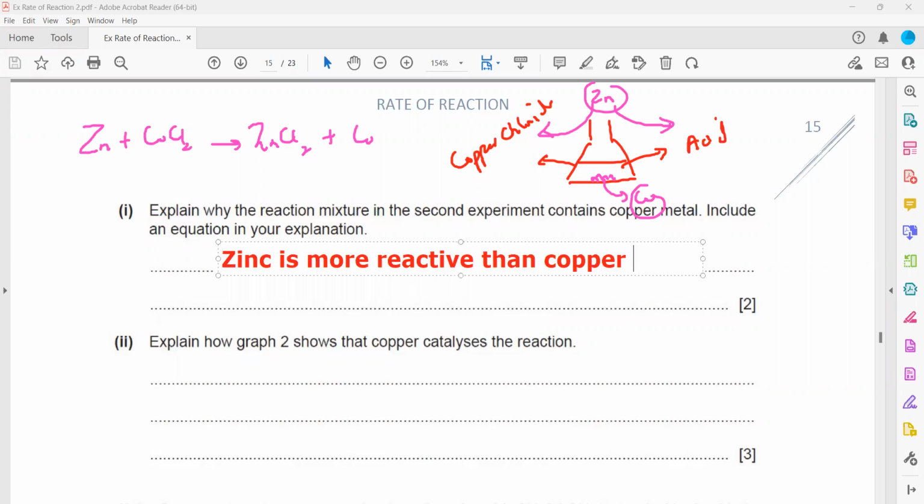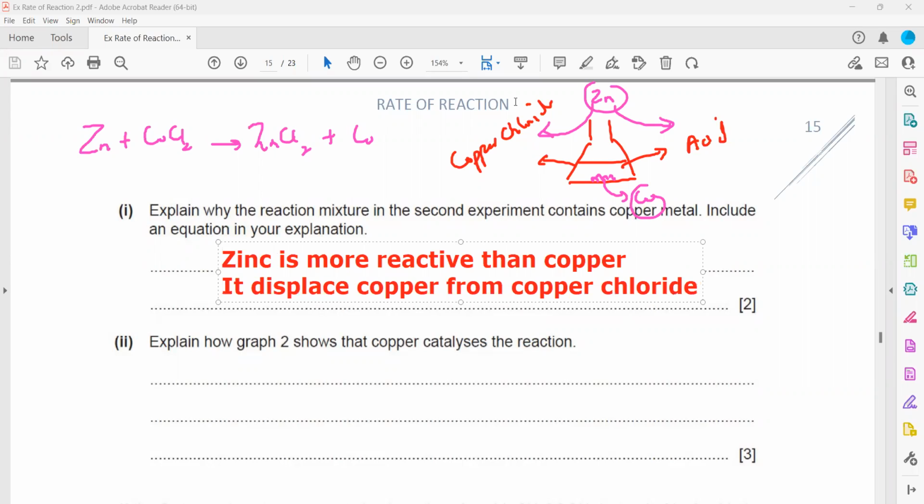So it displaces the copper from copper chloride, or copper(II) chloride. And what is the equation for that? The equation is zinc plus copper chloride gives zinc chloride plus copper.